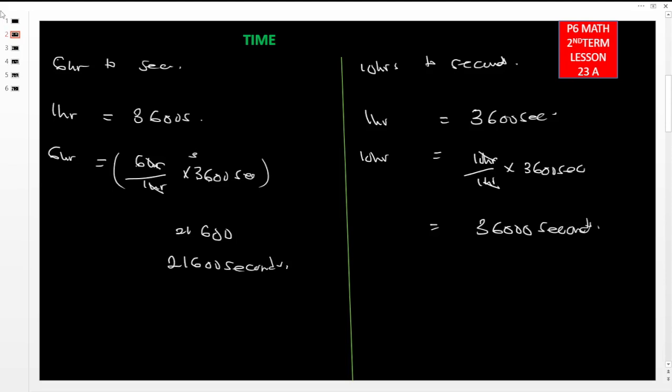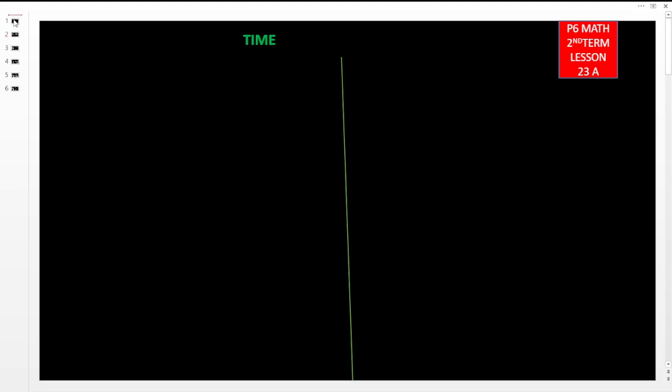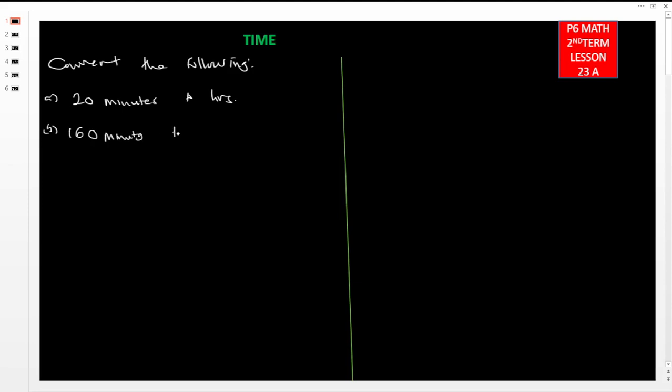So let us now try out this. Okay, number 1, we are going to convert the following. Part A, 20 minutes to hours. Then B, 160 minutes to hours.